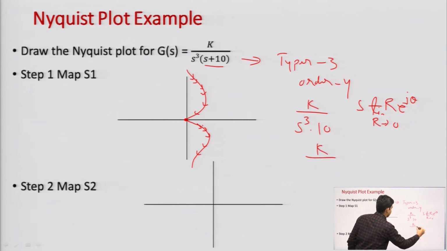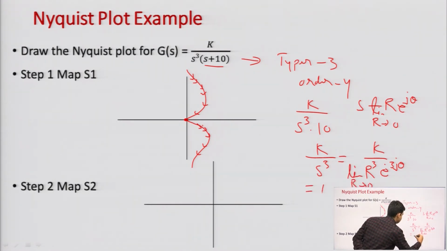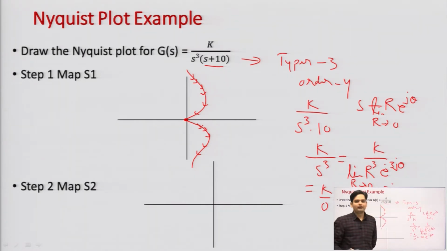So, this will be k over s cube if I assume the constant as k. Okay. So, I can replace this by k over r cube exponential of 3 j theta, with limit r tending to 0. Again this will give you k by 0, that is infinity magnitude with exponential of minus 3 j theta. Okay. What is the value of theta?